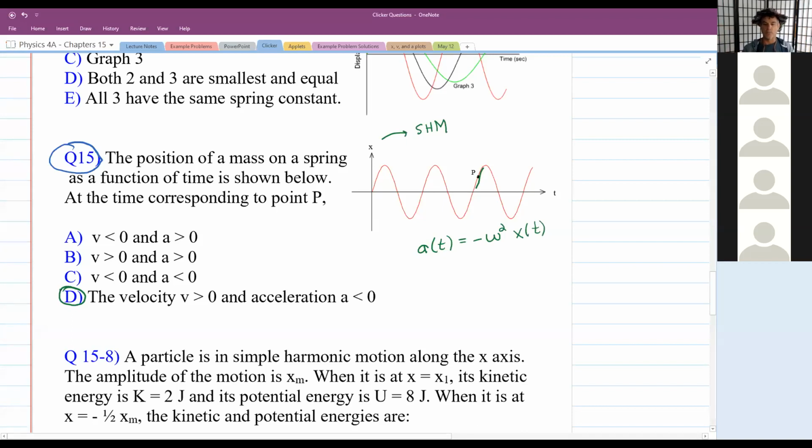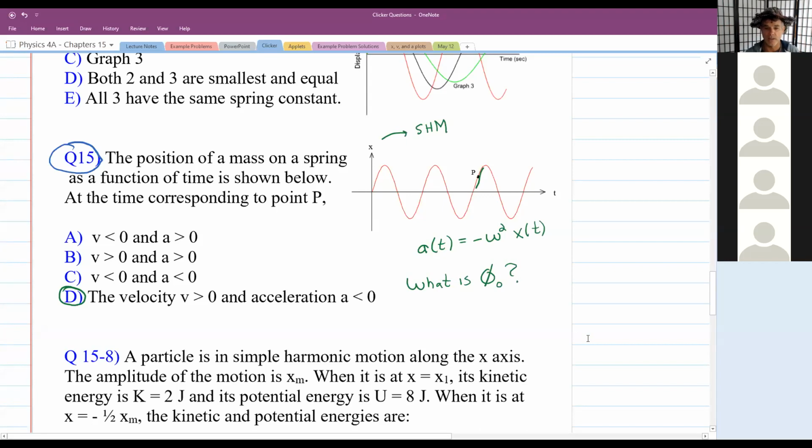One other question before I move on, just as a follow-up. One of the other things you should be able to do is figure out what the phase angle is. So the question here is, what is the phase angle for this particular graph, for this particular object moving back and forth?